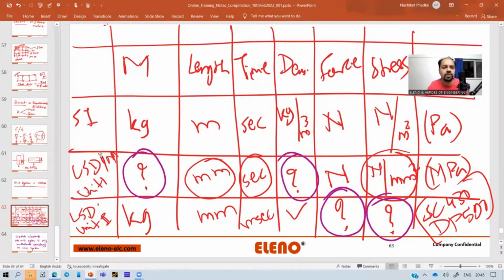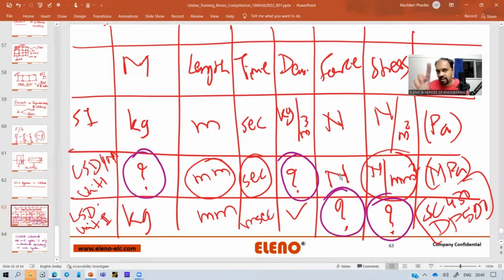That means if I'm giving mass in kilogram, length in meter, time in second, I'm getting my force in Newton. What if I give my mass in some value, length in millimeter, and time in second? I should still be getting my force in Newton.